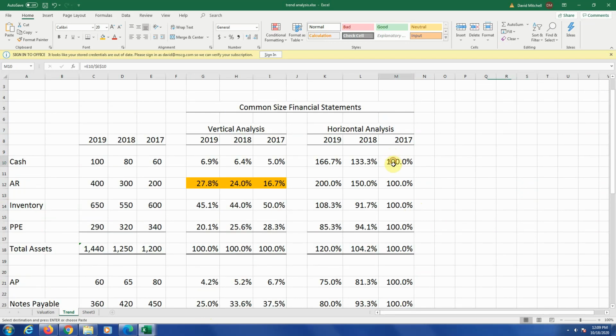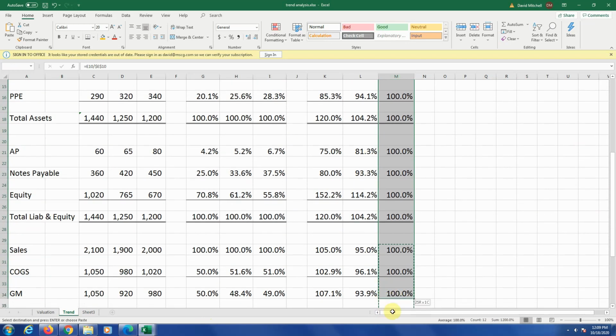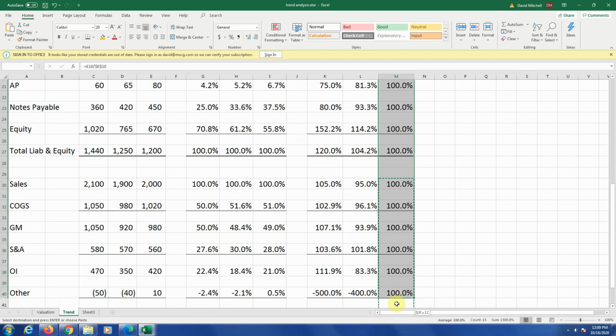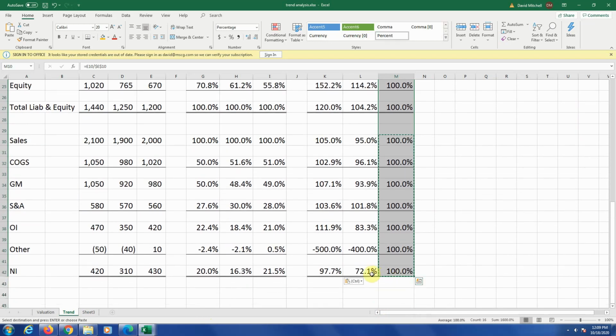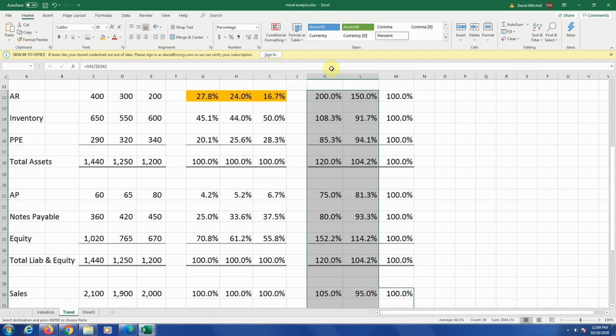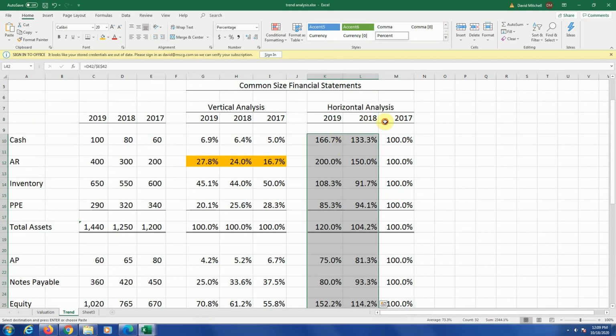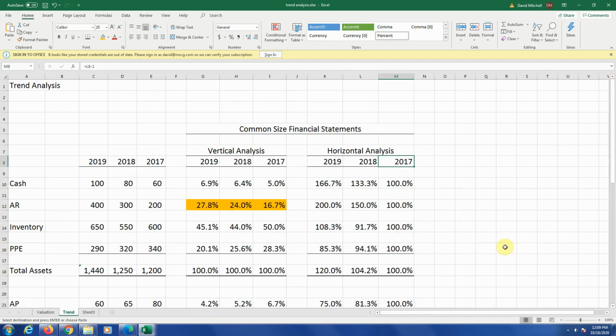Horizontal analysis: set your earliest year equal to your base, and then everything else is in terms of that earliest year. Okay. So that's it for this week.